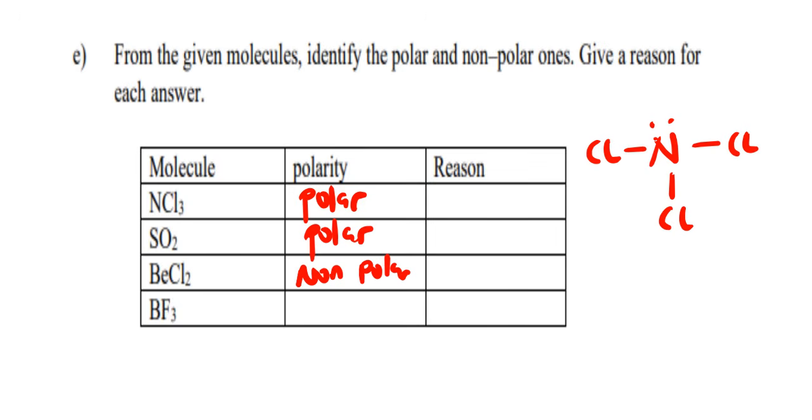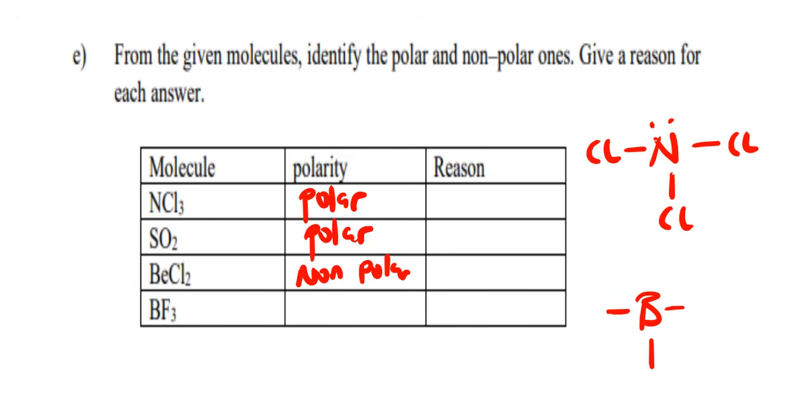Then we've got the boron trifluoride. So what about boron trifluoride? This one is a bit different. This is our boron. Boron is one of those atoms that undergoes what do you call this one? It undergoes an expanded octet?